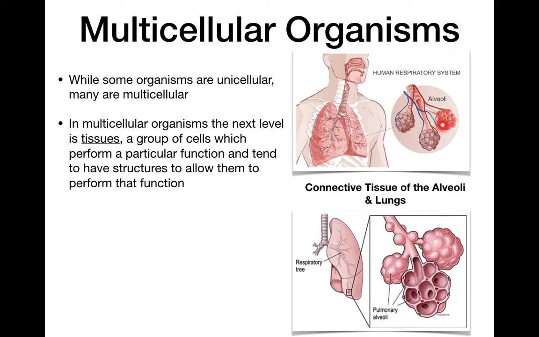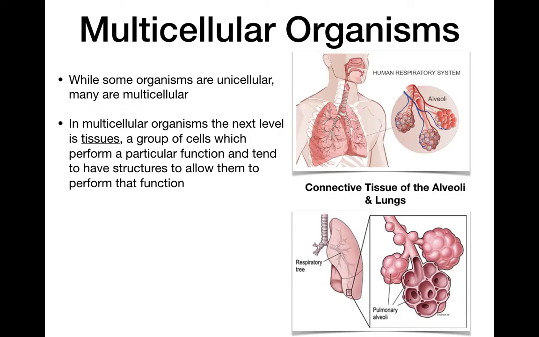The alveoli here, the little sacs that you use for gas exchange, are made of connective tissue. That's a tissue type in the body, and these little structures, a tiny part of your lungs, have a very thin wall and look like air sacs. That's where the gases are exchanged, where oxygen comes in and carbon dioxide comes out. They have to have that kind of shape to allow that to happen.